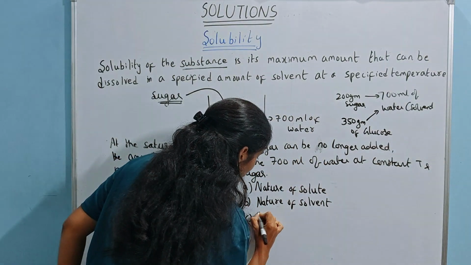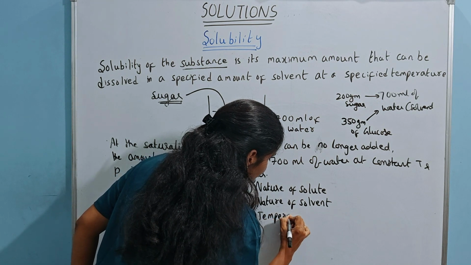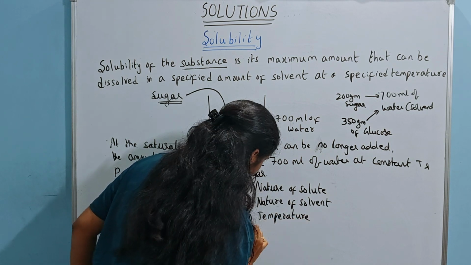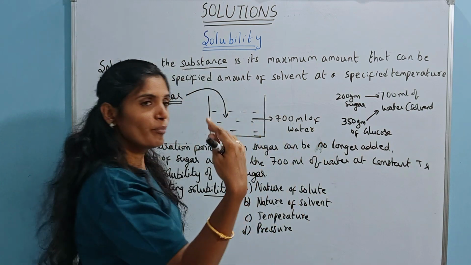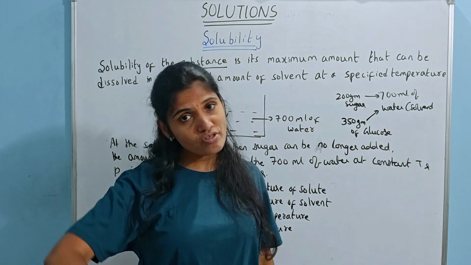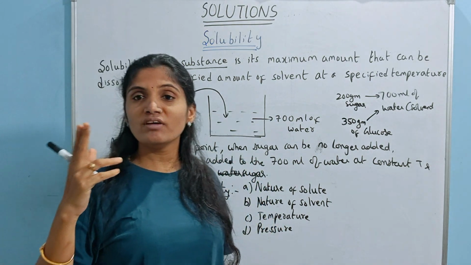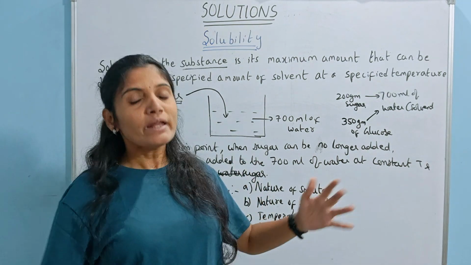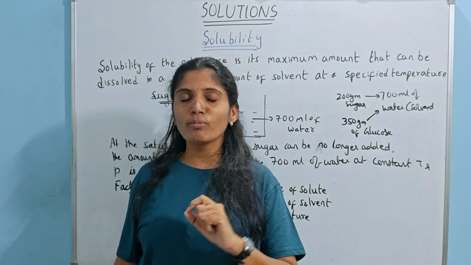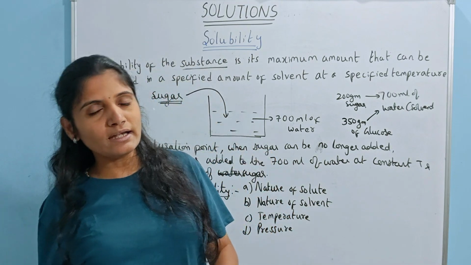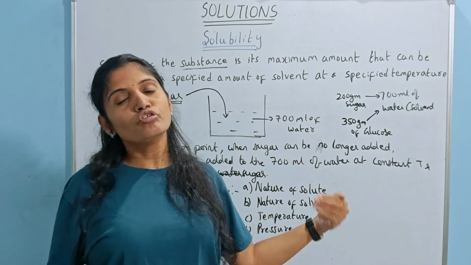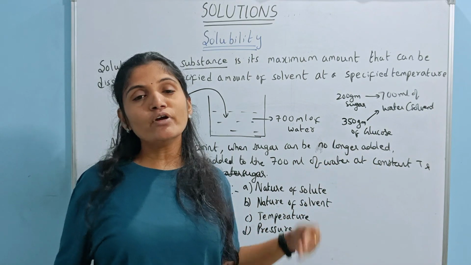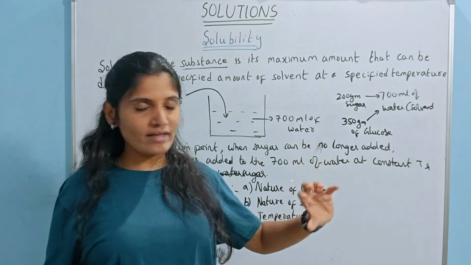If you take the third one, it is your temperature. And the fourth condition is your pressure. If I change the temperature conditions, my solubility will change. If I change my pressure conditions, my solubility will change. Now, how will temperature and pressure affect the solubility? That we'll see in detail one by one when we talk about solubility of solid in liquid and solubility of gas in liquid, as separate topics.